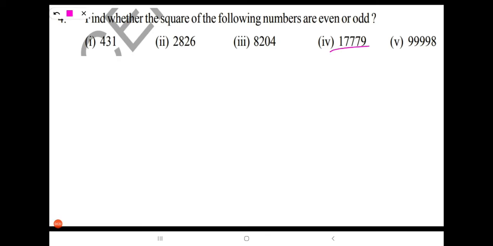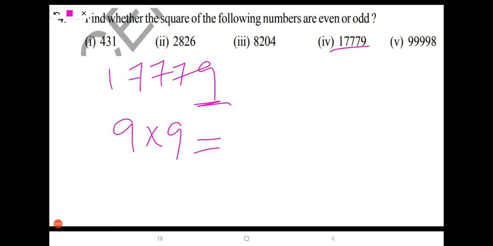Next, problem number 4: 17779. You need to take the units place digit only, so multiply 9 into 9. We get 81 actually, but we don't need to take the remaining digits. We have to take only the units place digit, that is 1.